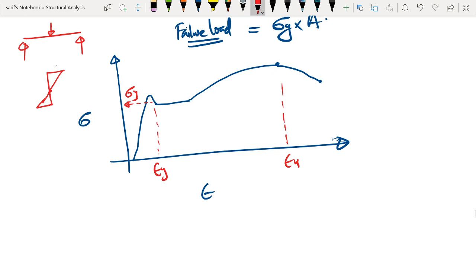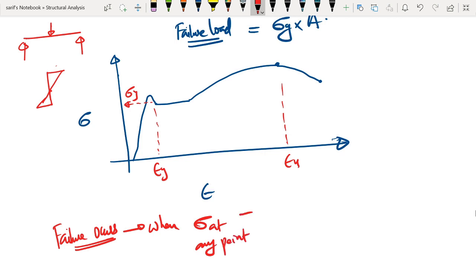So when we say the failure criterion in elastic analysis, the failure criterion is that failure occurs when the stress at any point is equal to sigma y. This is when failure occurs.